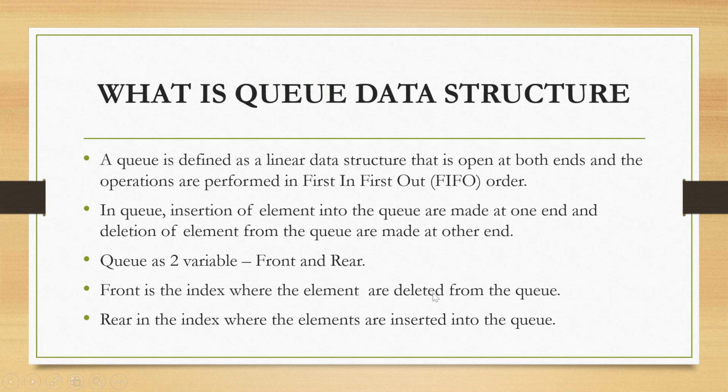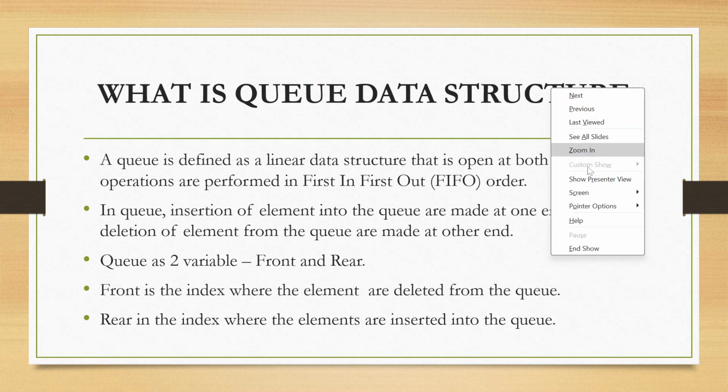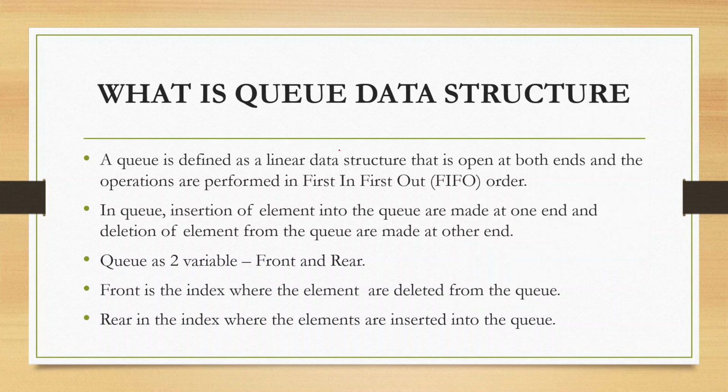So queue is a data structure which comes under linear data structures. It is a linear data structure which is open at both ends. Here we use the first in first out strategy.